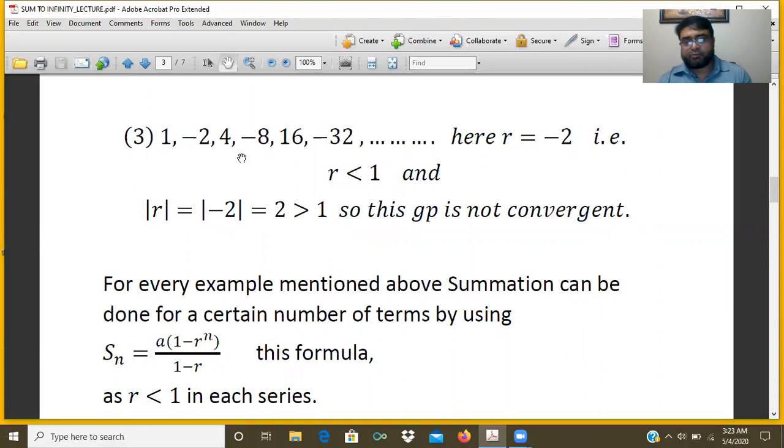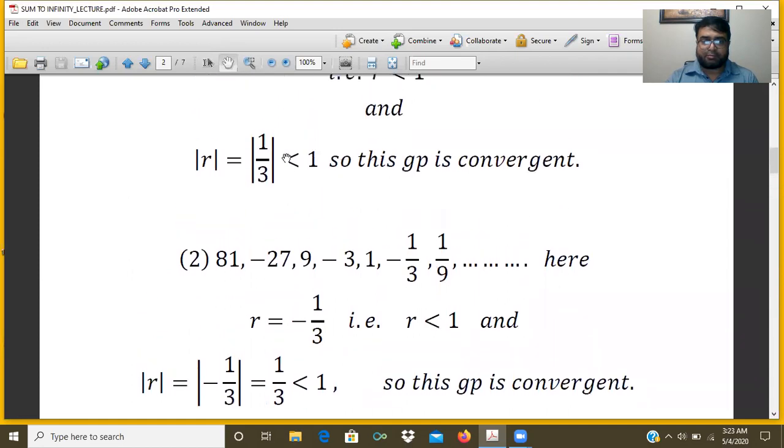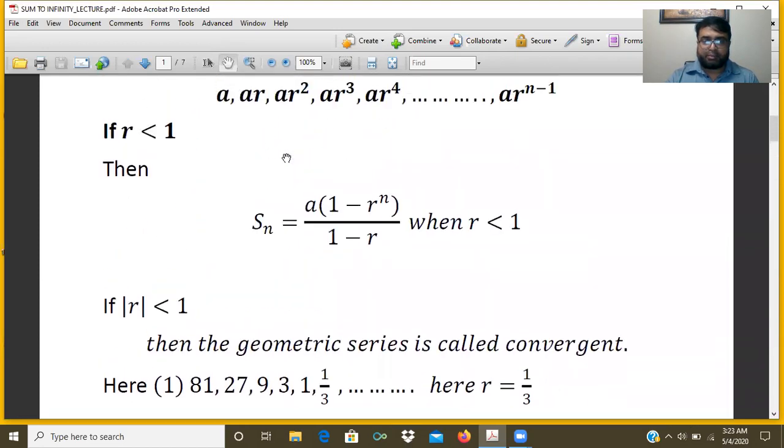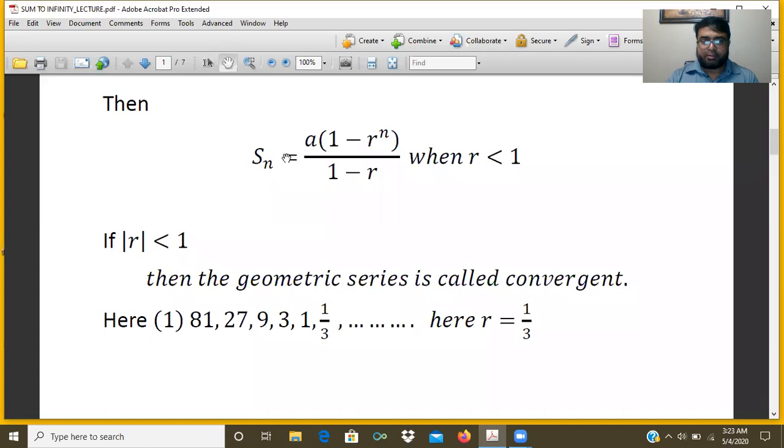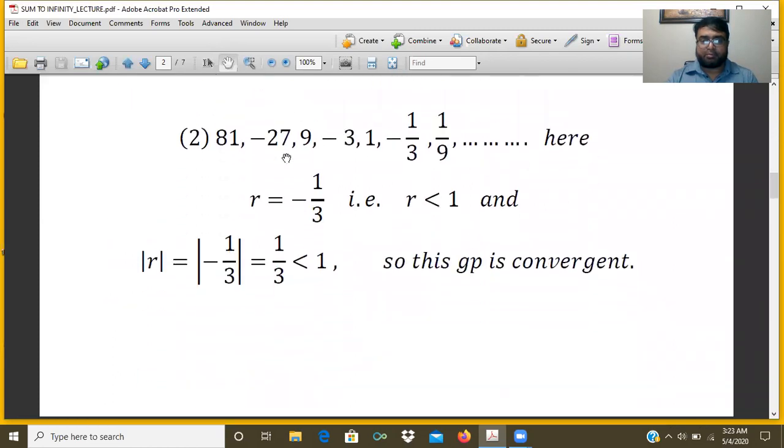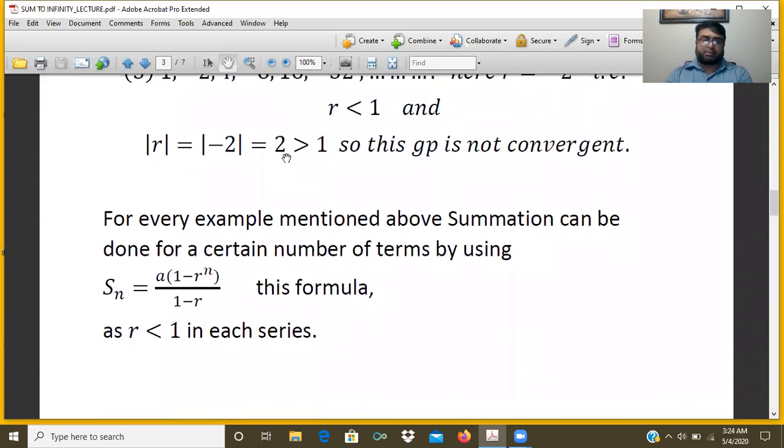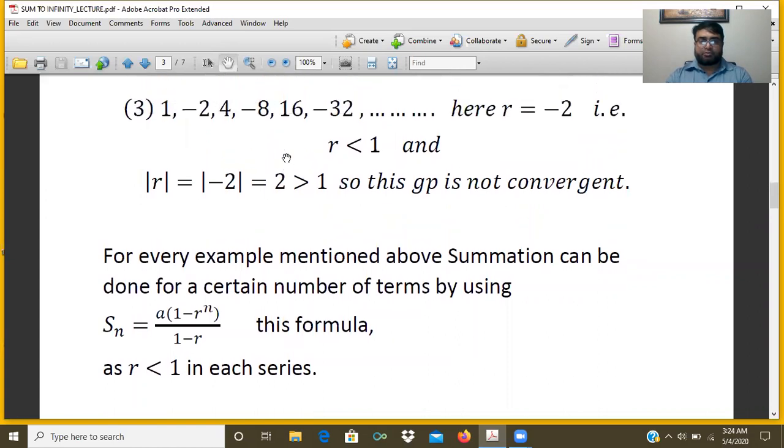Obviously negative 2 is less than 1. In example 1, example 2 and example 3, in every case the common ratio is less than 1: in the first example it was 1 by 3, in the second example negative 1 by 3, and in the third example we found negative 2.